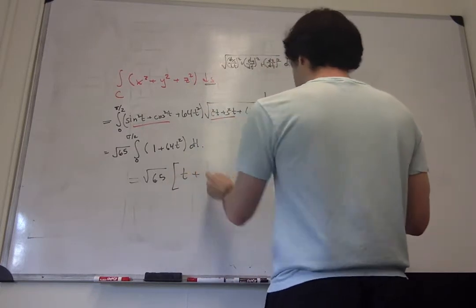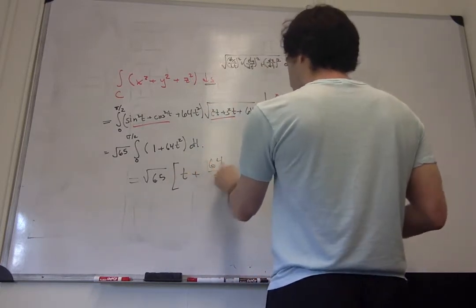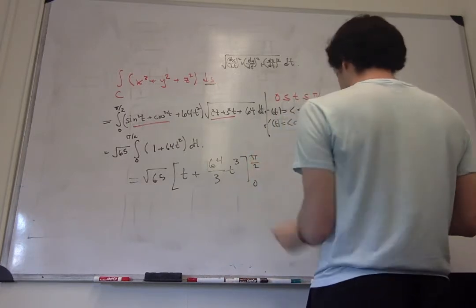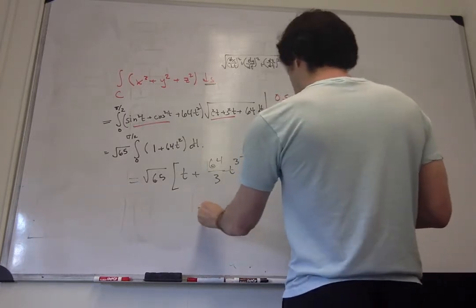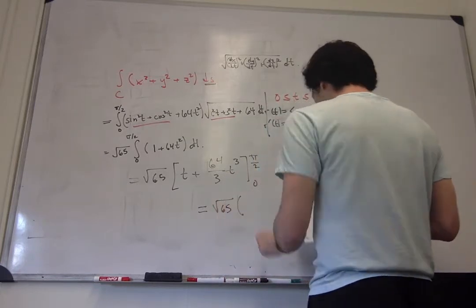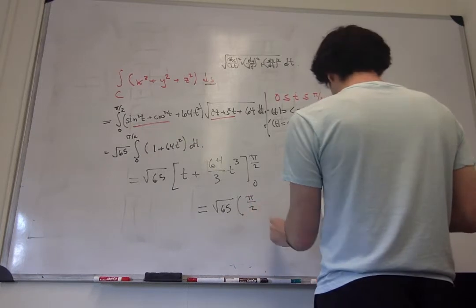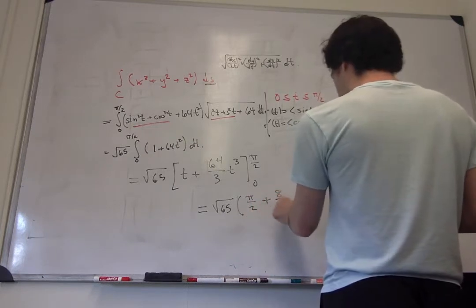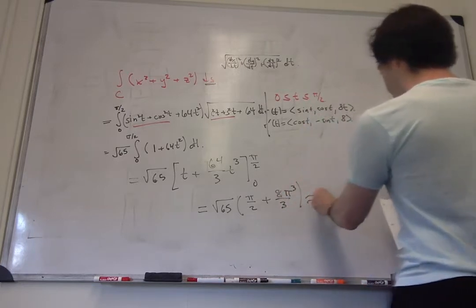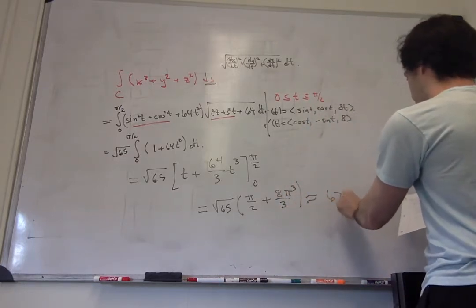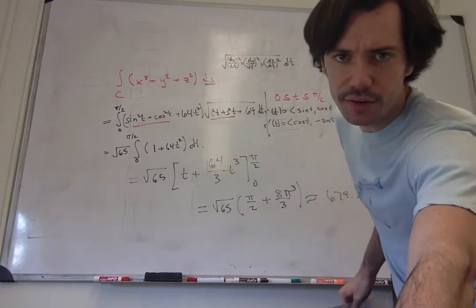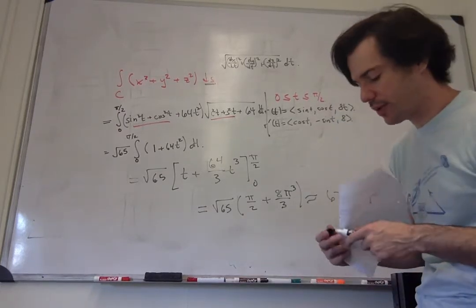So this is t plus 64 over 3 t cubed. You put in these parameters, and you should get root 65 pi over 2 plus 8 thirds pi cubed, and this is about equal to 679.2. Okay, so that's pretty much it for the first problem.